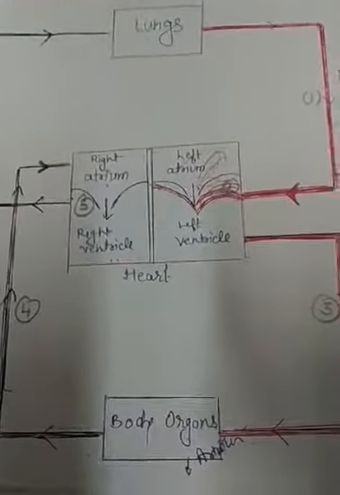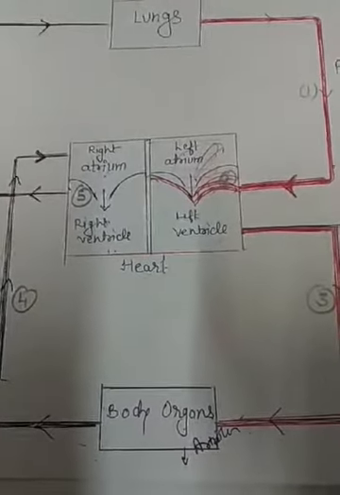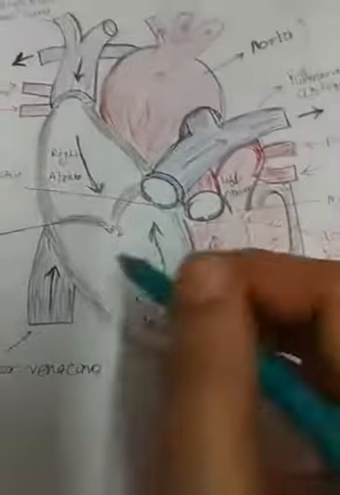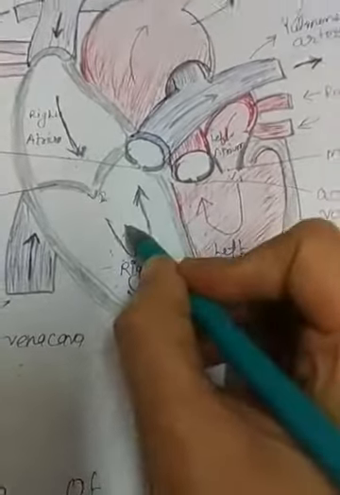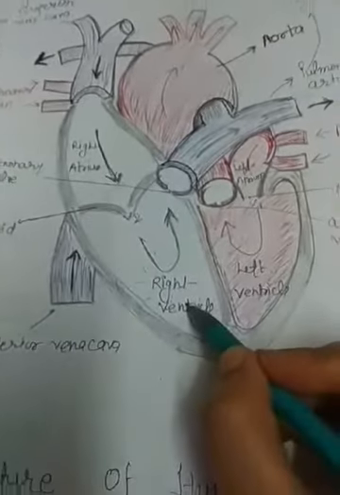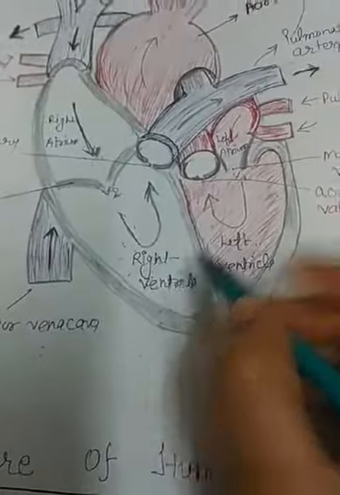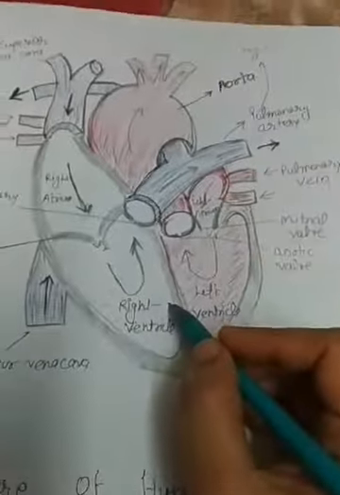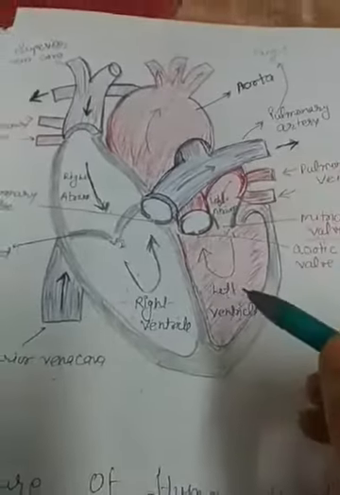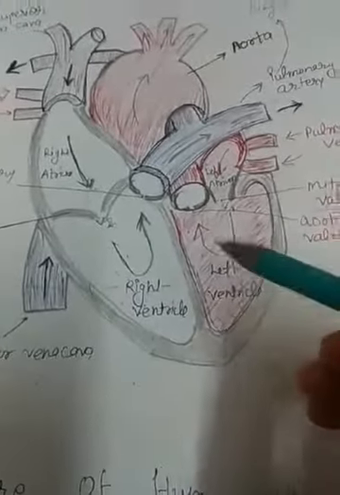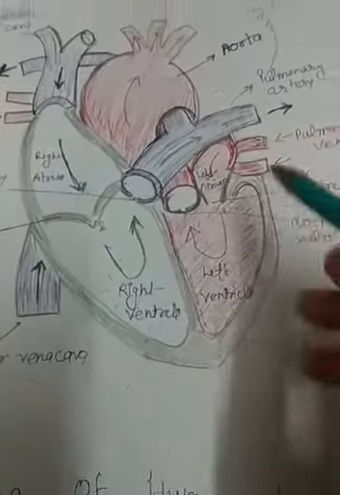So now we can say that the circulatory system is one in which the blood travels twice through the heart. Blood travels twice through the heart in one complete cycle of the body, called double circulation. Here you can see blood circulates twice through the heart.